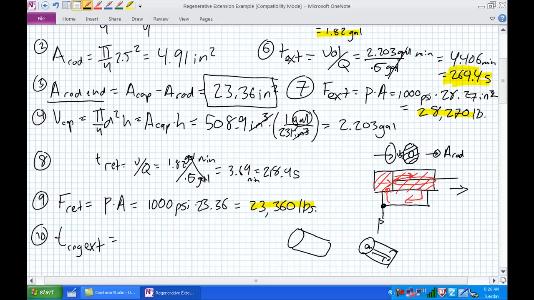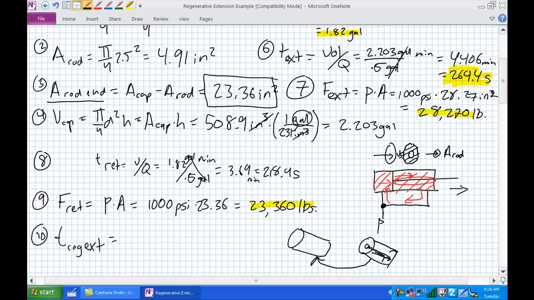The difference is this little spot right there. That's the only flow that the pump has to make up, because all of this in the rod end is being shoved back into the cap end, and the pump only has to make up that tiny amount right there. Okay?